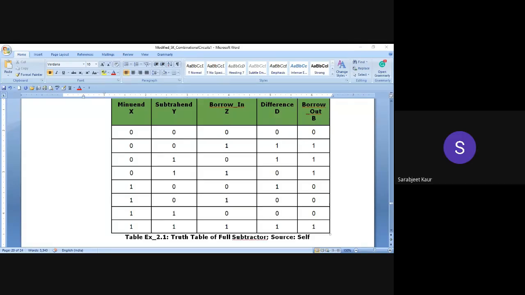Now, before we break off for the day, I'd just like to show you this broader picture of the combinational circuit. So these are the different types of combinational circuits that are generally seen in the market.